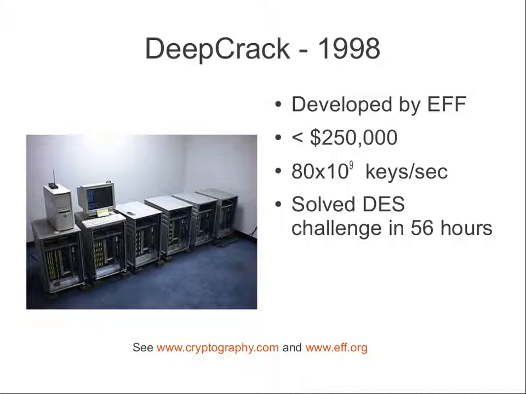It cost about $250,000 US at that time, and it could do about 80 billion keys per second. So that's 10 to the power of 9 keys per second, about 80 times faster than that. And it could essentially defeat DES in a few days. So in 1998, you could build dedicated hardware to defeat DES. So DES was considered insecure even before then. That was just an example of it. You can find more about DeepCrack, that dedicated hardware, on those websites.